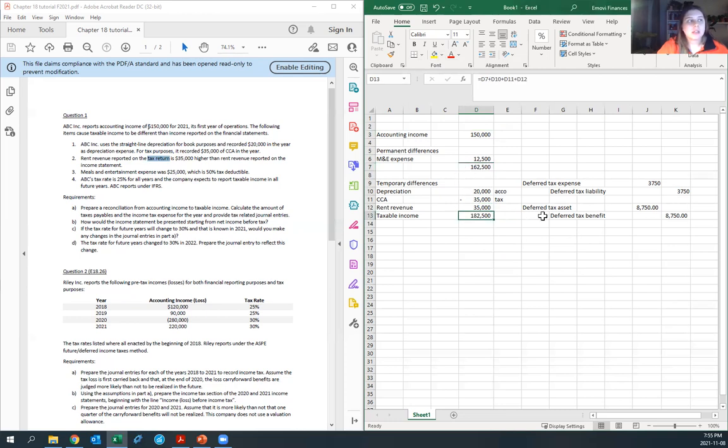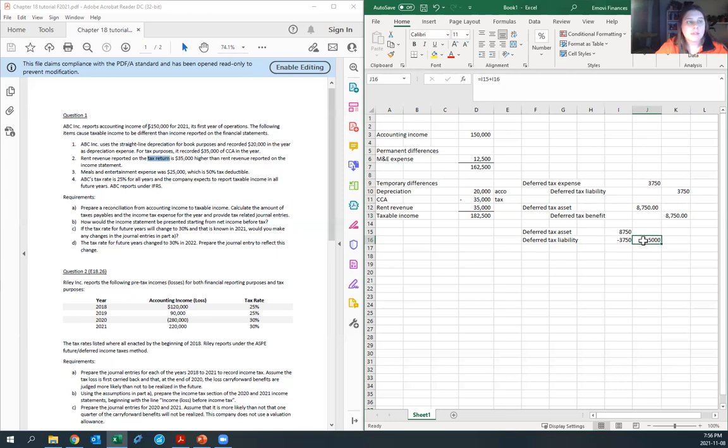In your balance sheet, if you add your deferred tax asset and deferred tax liabilities, well, you have more tax asset, right? So in your books, you're going to have a deferred tax asset of $5,000 if you net those two accounts together.